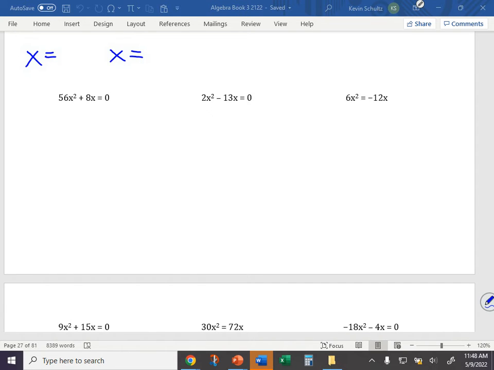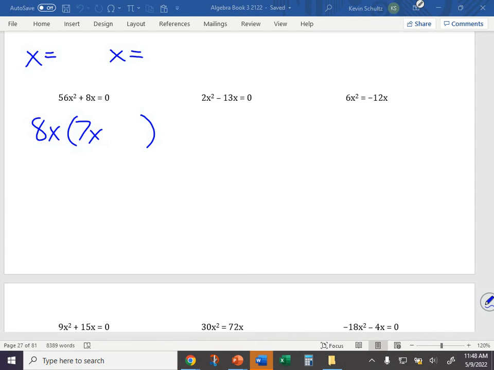Yeah. Take out an 8x, right? Always that x. And if we take out an 8x from 56x squared, what are we left with? 7x. And if we take out an 8x from 8x, what are we left with? But be careful, because the answer isn't 0.